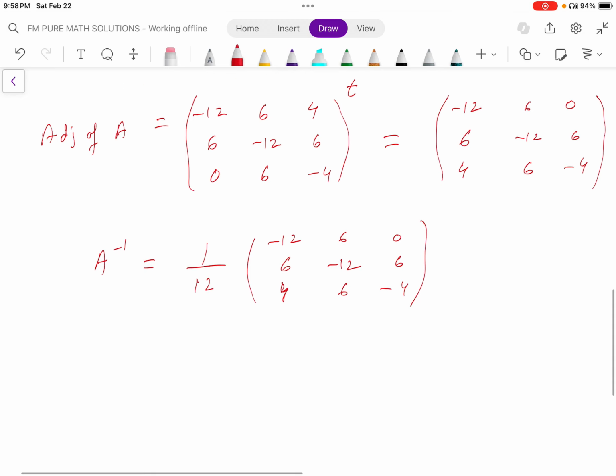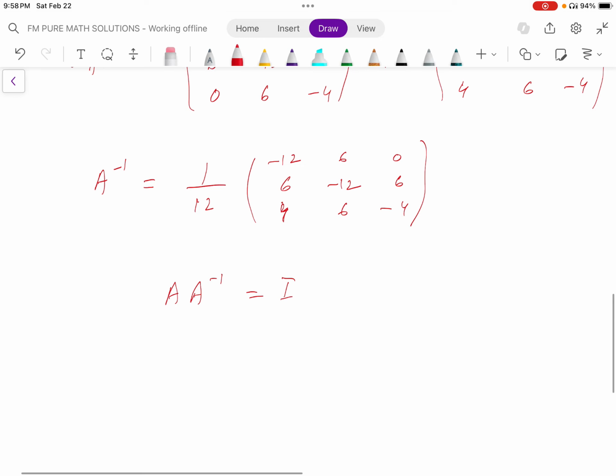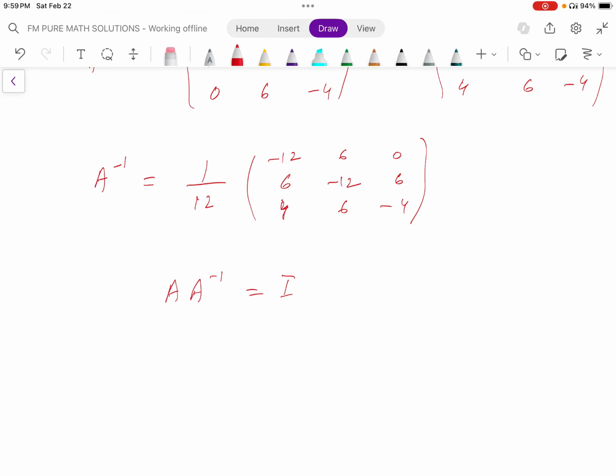Now, if you want to confirm your answer for the inverse of the matrix, you should multiply matrix A with its inverse so that you get the identity matrix. So I leave it for you. If you multiply this, 1 over 12 is a scalar quantity. So 6, minus 12, 6 here, and 4, 6, minus 4.